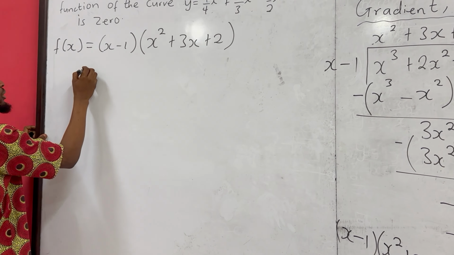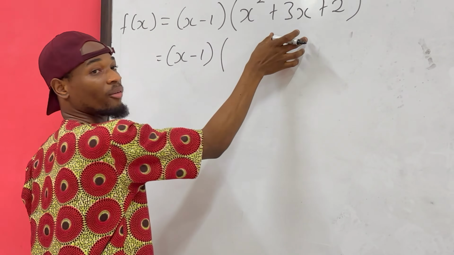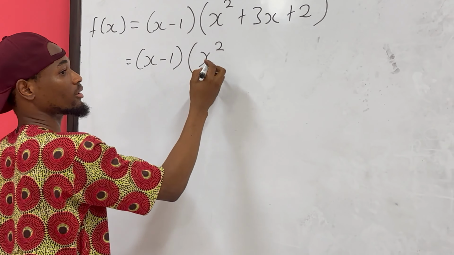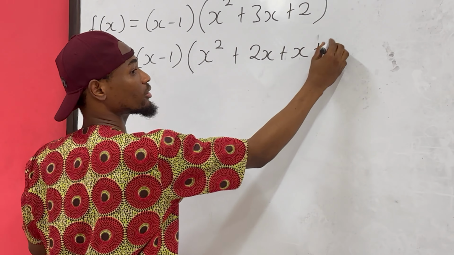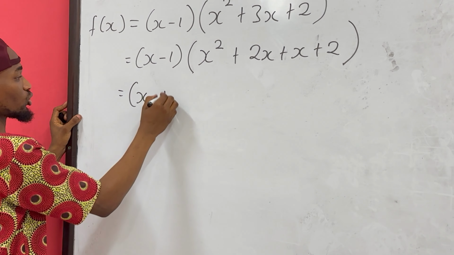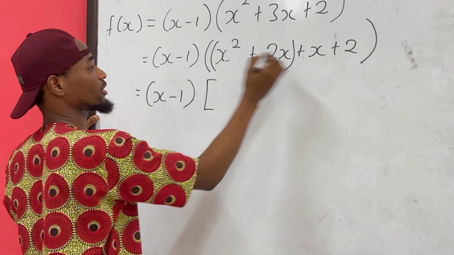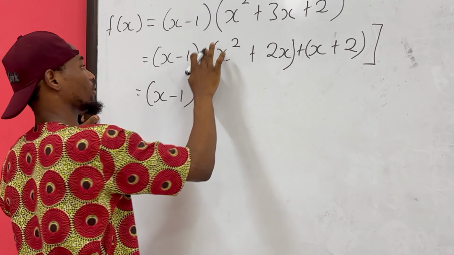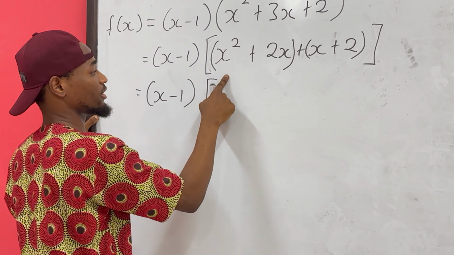So we have x minus 1. Then we have to factorize this. So this is the same as x squared plus 2x plus x plus 2 this way. So what is common here? x, right?